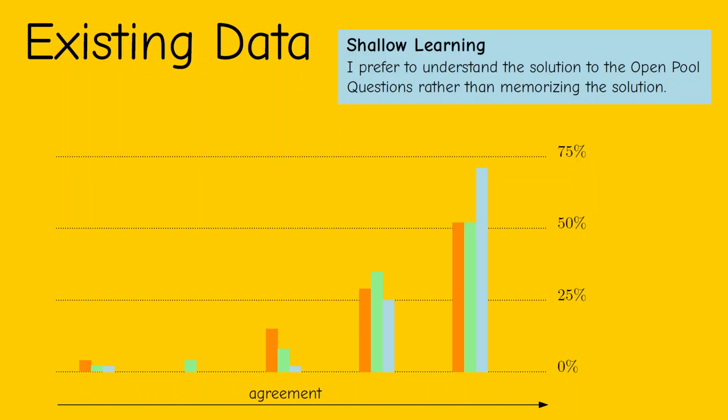Here we asked, I prefer to understand the solution to the open pool questions rather than memorizing the solution. And 75% of the students strongly agree. Then something like 25% of the students agree with it, and only a small number of students either disagree with it or are neutral about it.